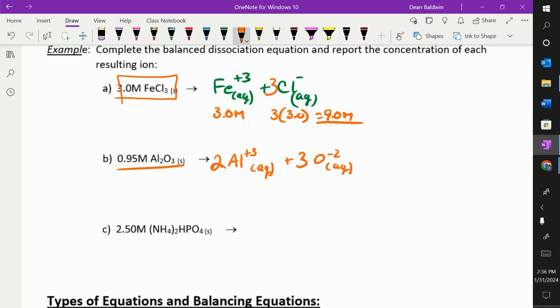So if it's 0.95 molar aluminum oxide, I'm going to have what concentration of aluminum? Two, yeah, 2 times that, which gives me 1.9 molar, and it's 3 times that for the oxygen concentration, which is 2.9.